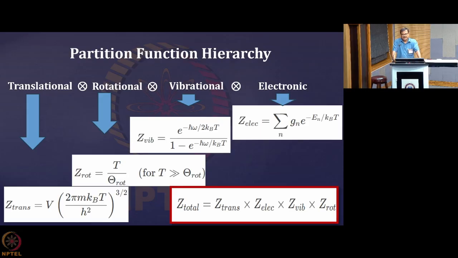There are NIST websites where all these energy levels are listed for most of the atoms and molecules even. So it is rather easy to go to those sites, directly copy those energy levels, and use them in your program. Those data are freely available, so they can be used.